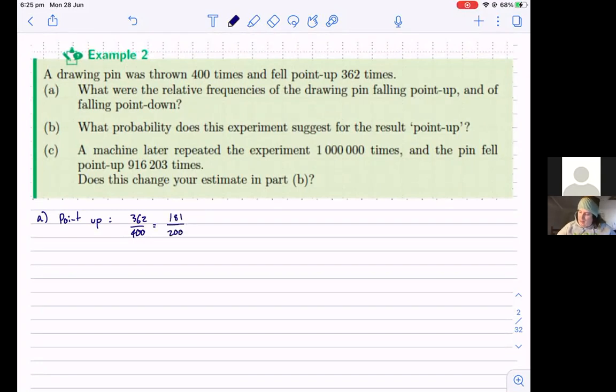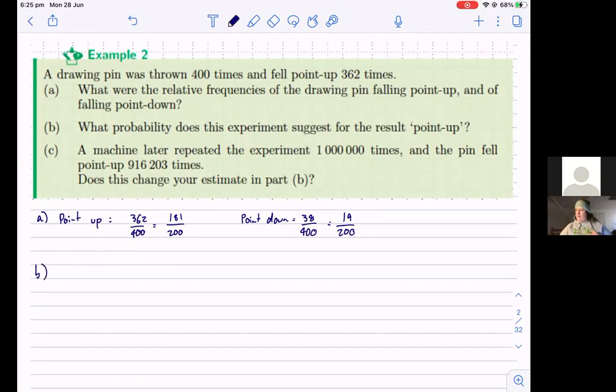Did I need a calculator for that? No. And point down must be all the rest. So that would be 38 over 400, which is 19 over 200.